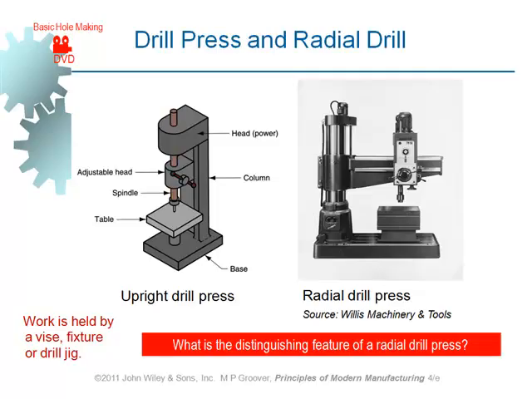What is the difference between the two, left and right? The one on the right is a radial drill press. What does that mean? This machine is used for really big workpieces, to make holes on really bulky workpieces which cannot be moved easily. As you can see, there is a column here, there is an arm on the column, and there is the actual drill spindle on this arm, which can slide along the arm, in and out.